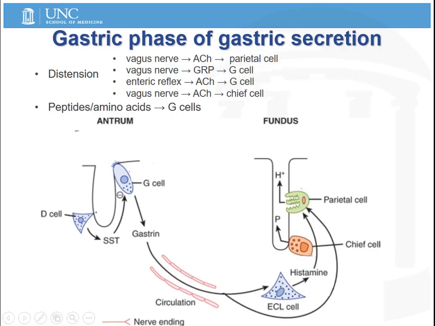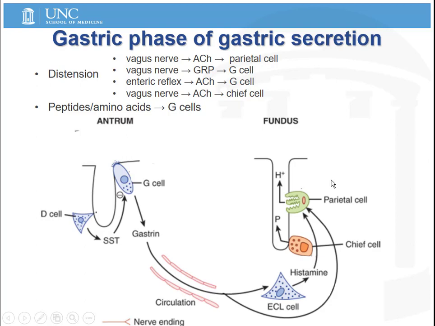The gastric phase begins with the entry of food into the stomach, and the presence of a meal in the stomach is what causes maximal stimulation of acid secretion. There are similar mechanisms as what we saw in the cephalic phase with vagal stimulation, along with a couple of other mechanisms. First, distension activates a vagovagal reflex. So gastric wall distension activates a vagal afferent pathway, resulting in a vagal efferent response.